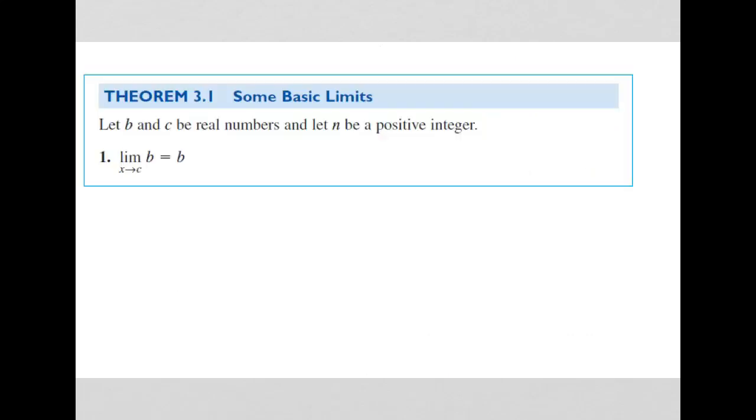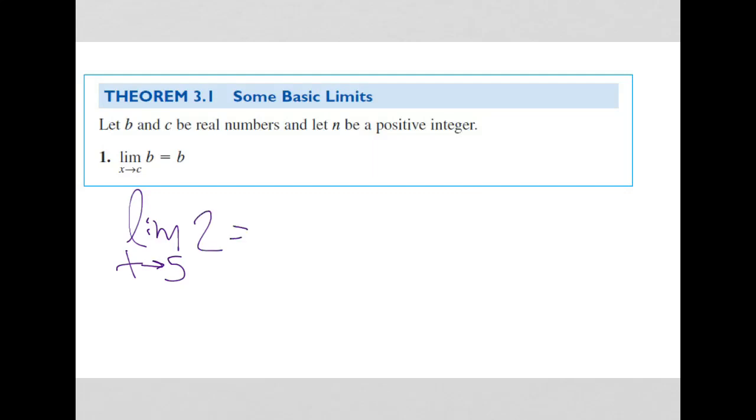So let's go ahead and move forward. We're going to talk about a few basic properties of limits. So this is saying b and c are real numbers, so if you think about the limit as x goes to any real number, let's just pick one, let's say 5, of some number b, let's just say 2.